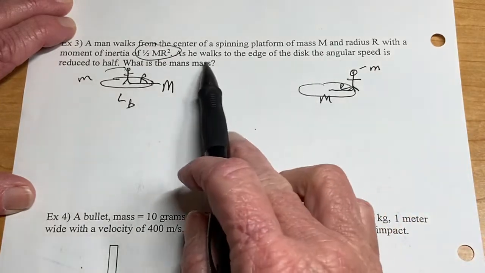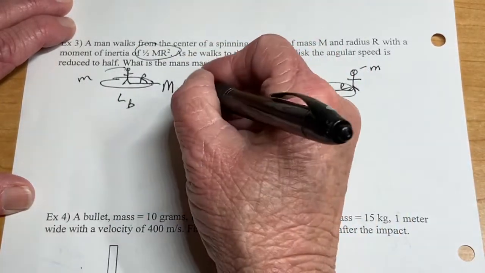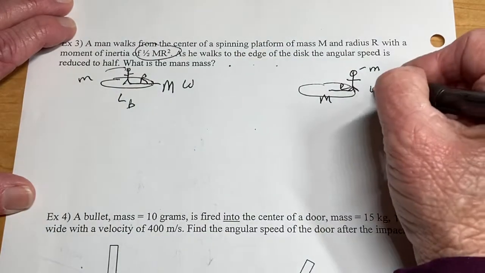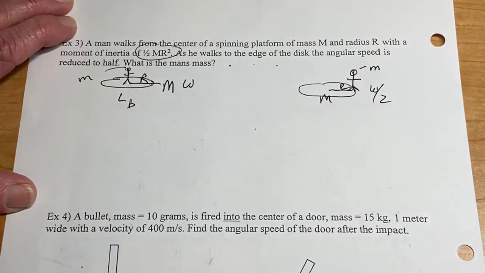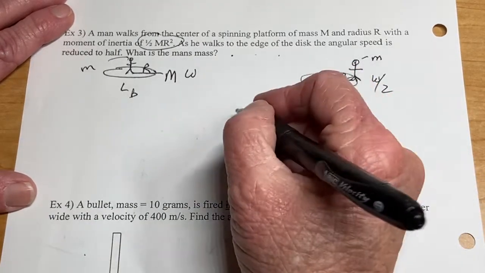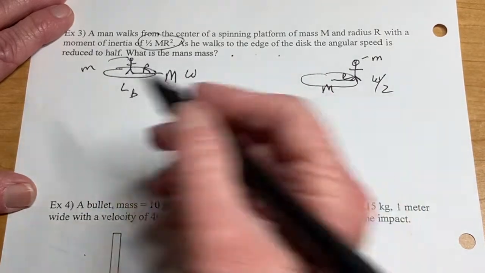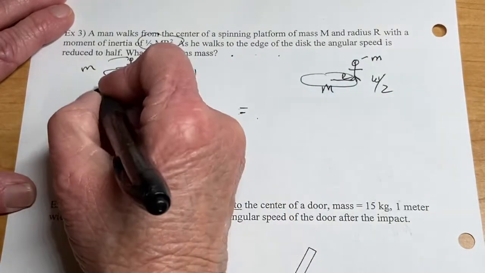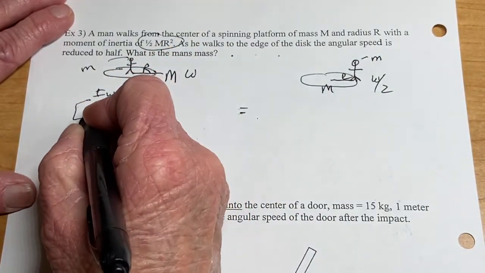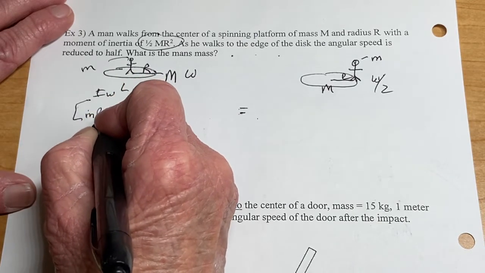But it says he walks to the edge of the disk and his angular speed is reduced to 1/2. So whatever omega I had here, it's omega over 2. I don't have to call it before and after, it's just 1/2. Great. So again, before equals after. So I have 2 things here. For I omega, I have the guy, and he's going to be a point, little m r squared.